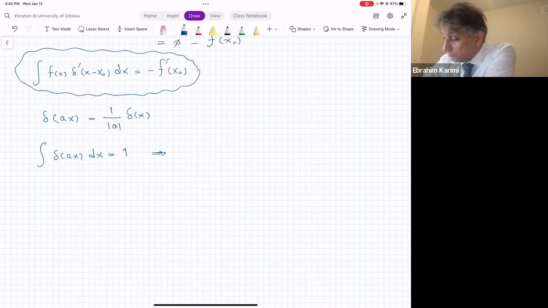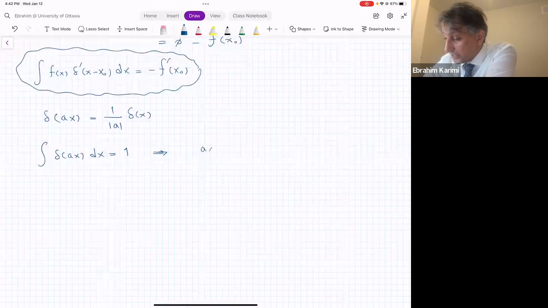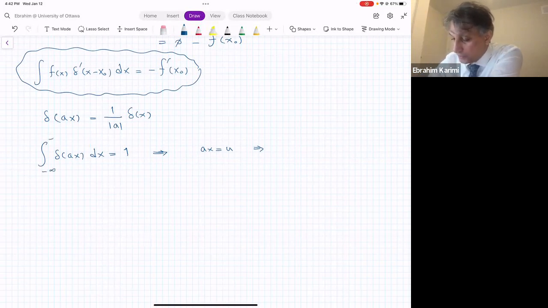So we change the variable, so AX will be U, and remember, that goes from minus infinity to plus infinity, just to be careful. We have 2 situations.